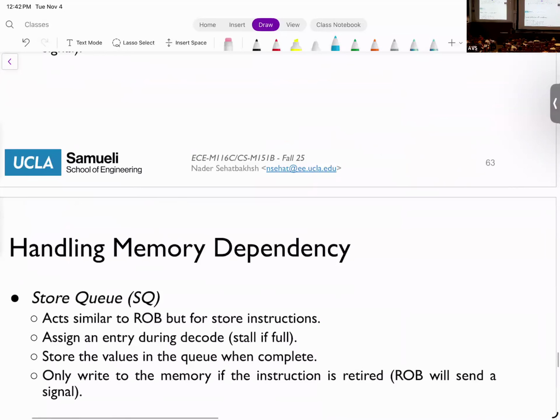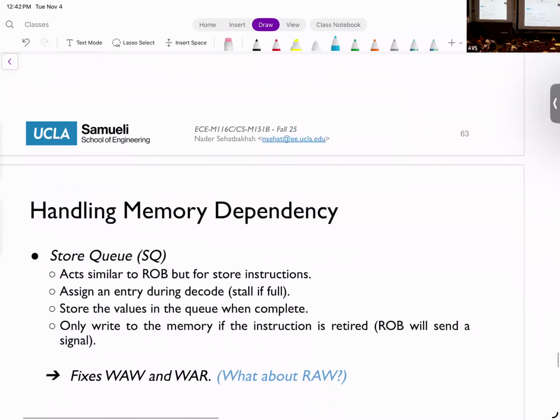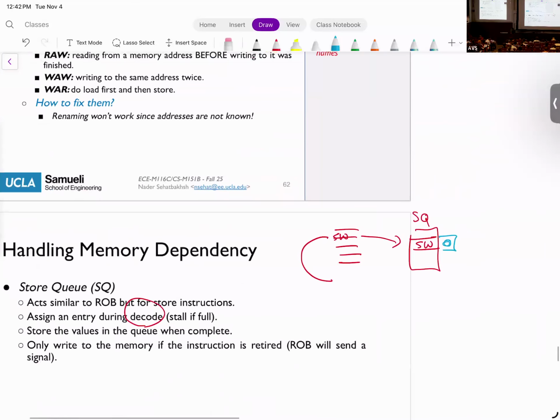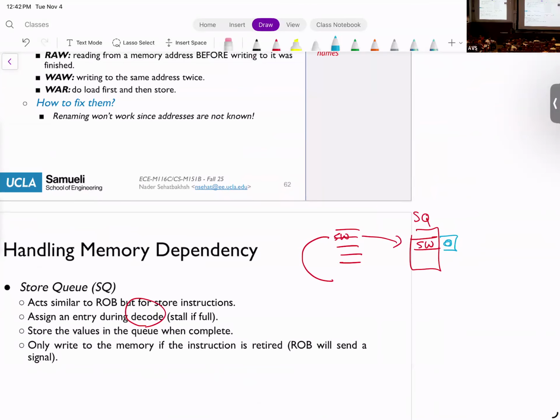But the important thing is that whenever there is a load instruction, or another store word instruction, a subsequent store word or subsequent load word instruction, whenever I want to execute these instructions, I put them into this store queue, and I only execute them and write them into the memory when the instruction is retired.